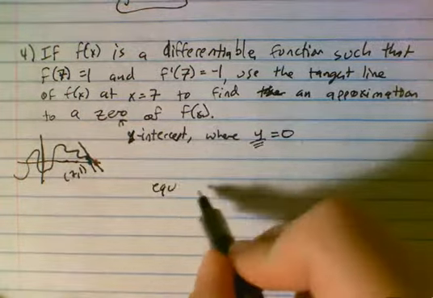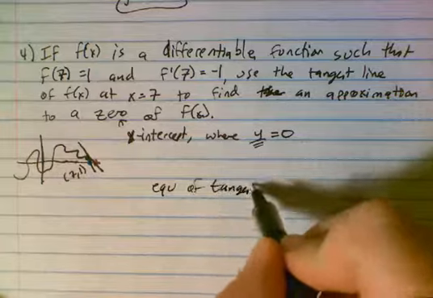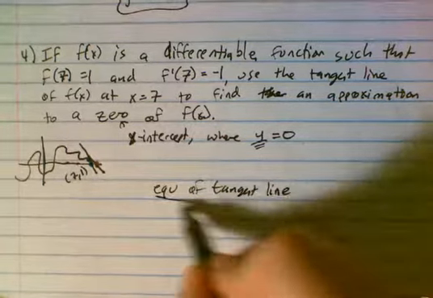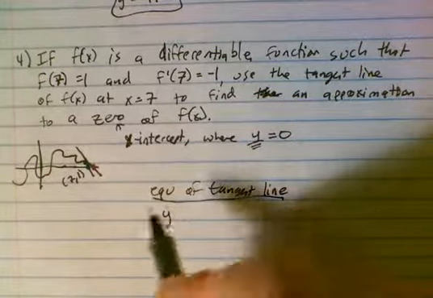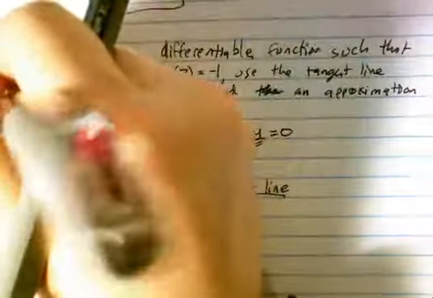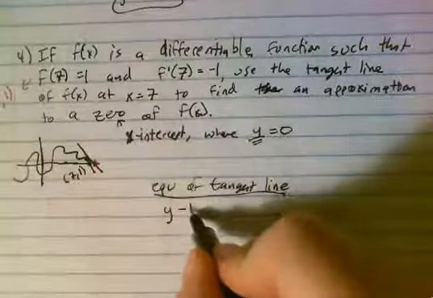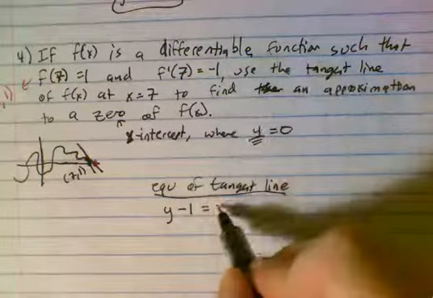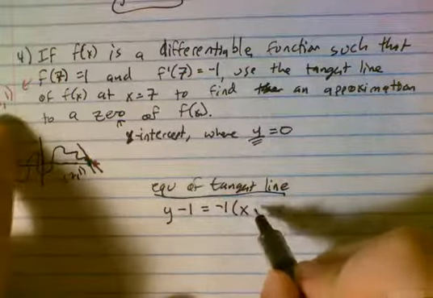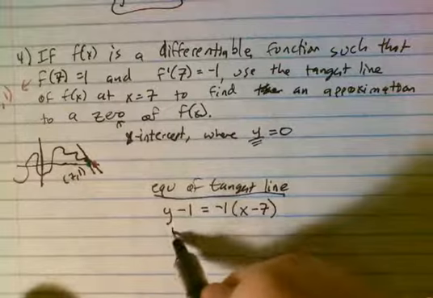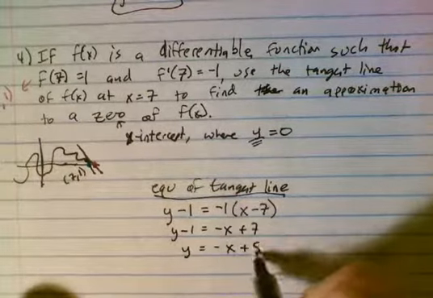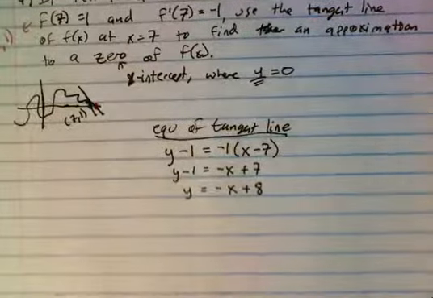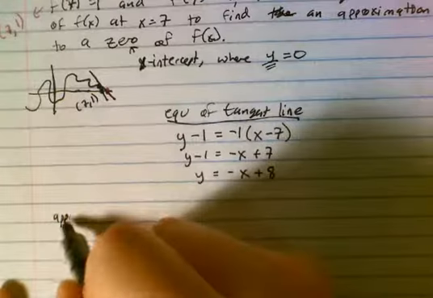So equation of tangent line: y minus y1, so here's our y point, and here's our slope, x minus x1, and now what we're going to do to approximate is 0.